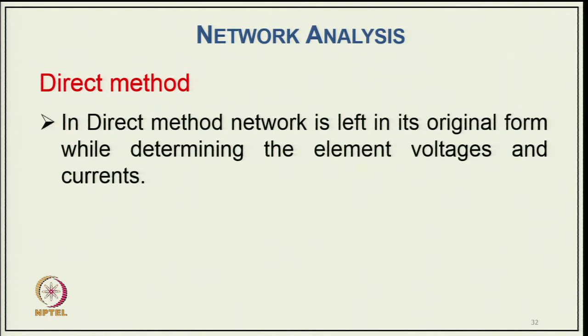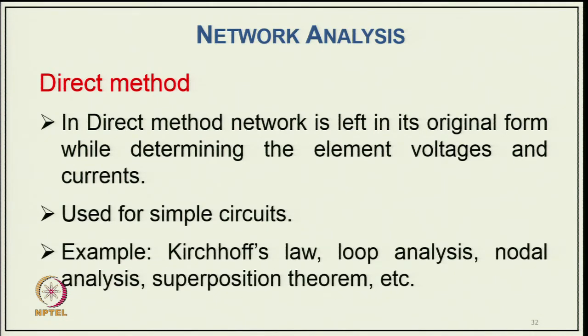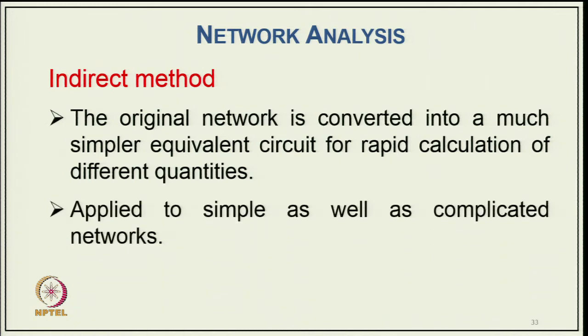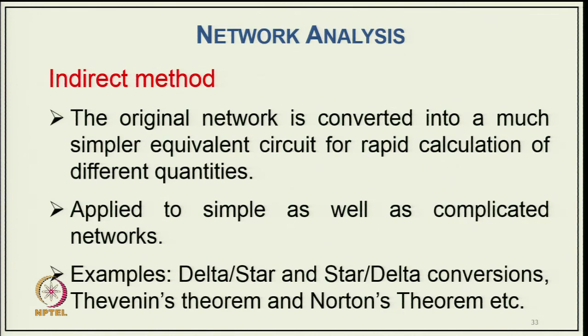In the direct method, the network is left in its original form while determining the element voltages and currents, and it is used for simple circuits. Examples are Kirchhoff's laws, loop analysis, nodal analysis and the superposition theorem. In the indirect method, the original network is converted into a much simpler equivalent circuit for rapid calculation of different quantities, and it is applied to simple as well as complicated networks. Examples are delta to star and star to delta conversion, Thevenin's theorem and Norton's theorem.